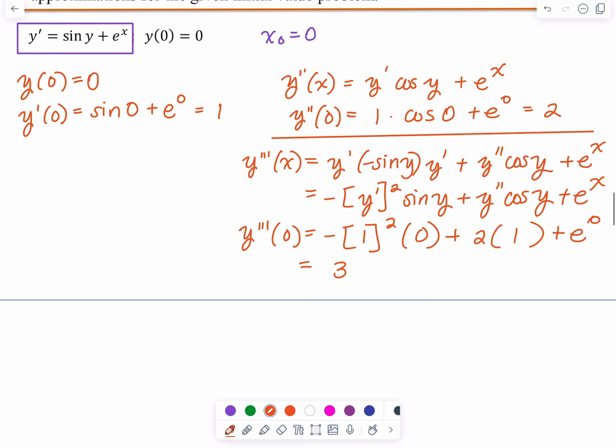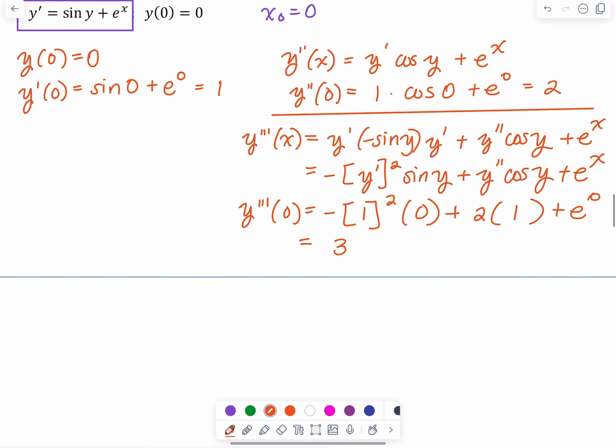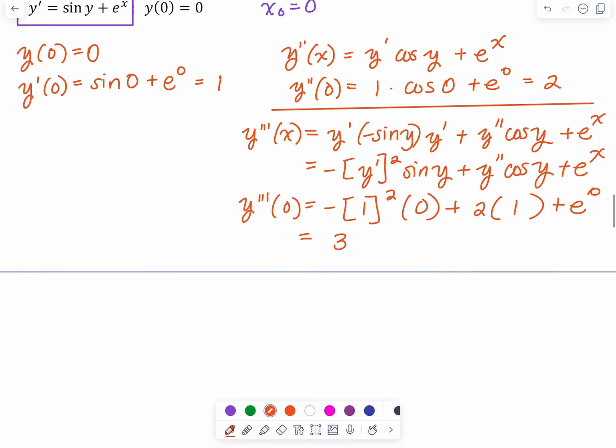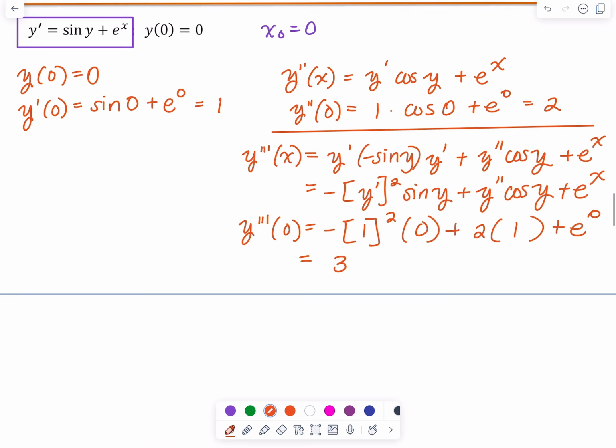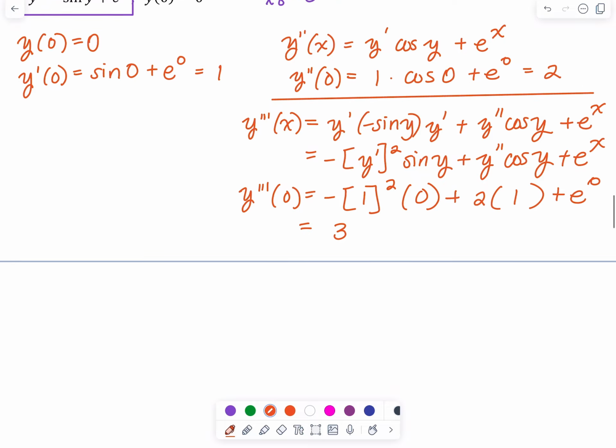Okay, so now it looks like we're going to have 3 non-zero terms right away, going all the way to our third derivative. I thought I might write it like this right now.